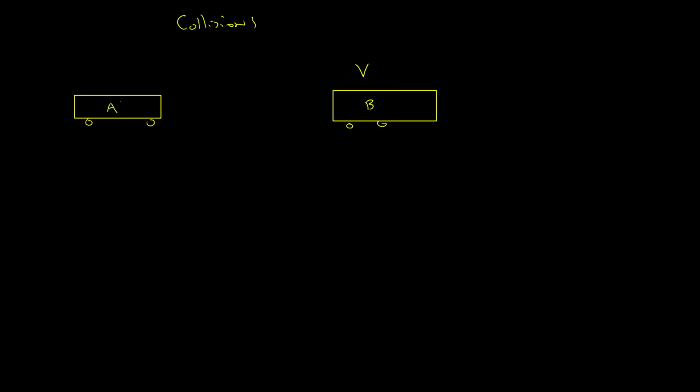We'll say they're empty train cars, each with a mass of 2 times 10 to the 4th kilograms. This one, car B, has a velocity of 0 meters per second.